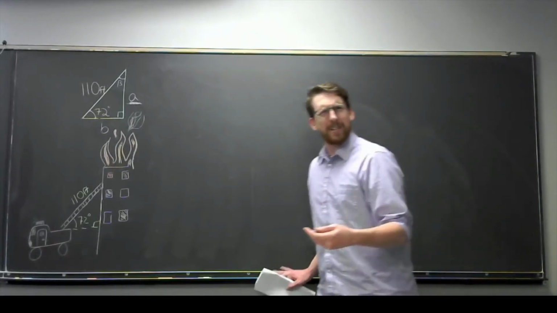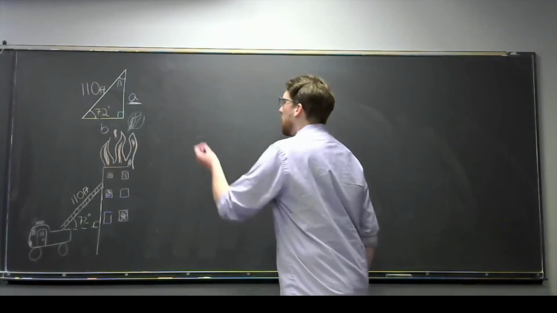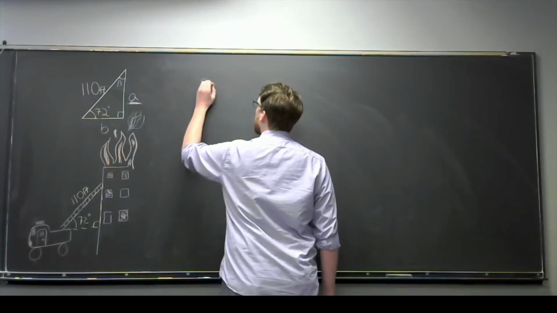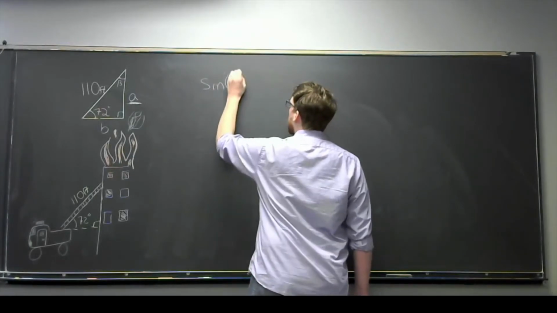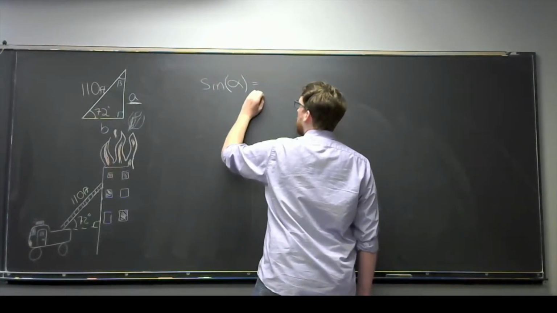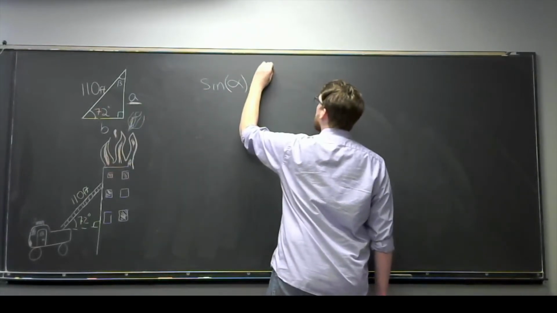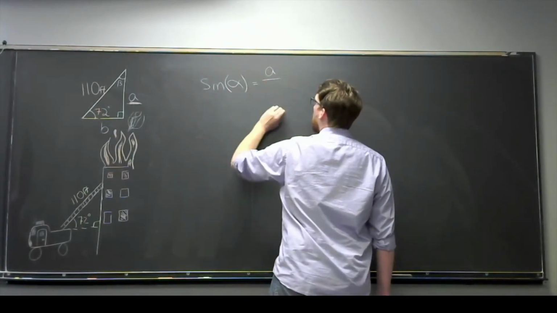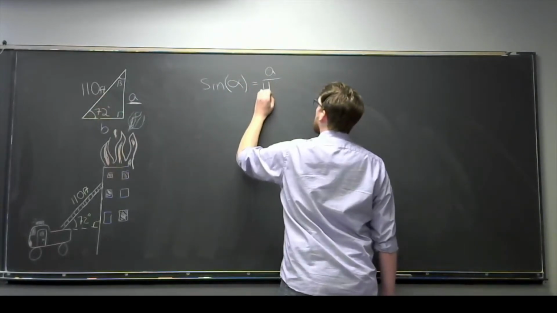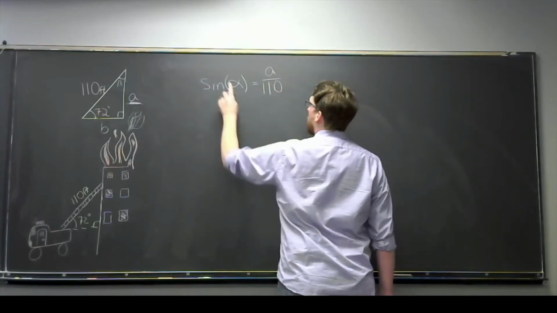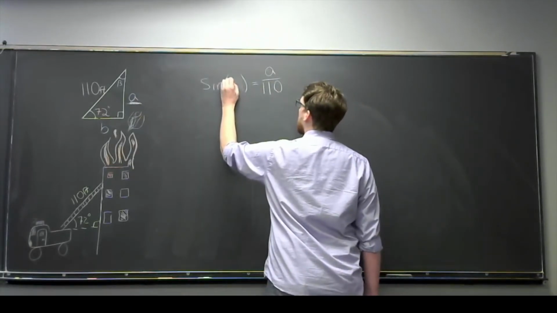Well, this is starting to sound a little bit like sine, right? Because sine of alpha is equal to our opposite leg, in this case A, over our hypotenuse, in this case 110 feet. Well, we know alpha here is 72 degrees.